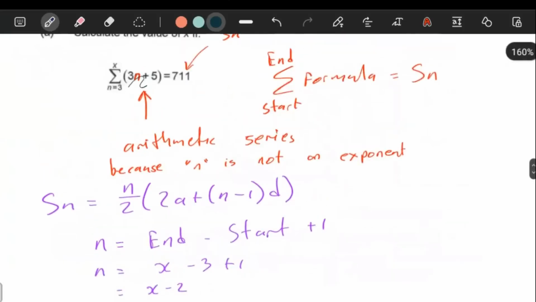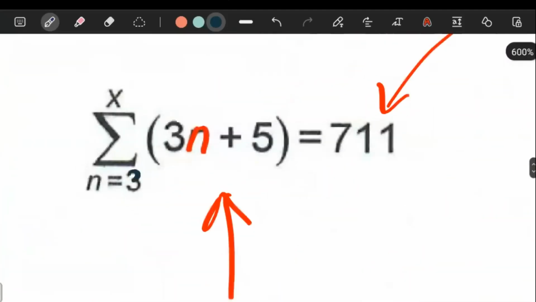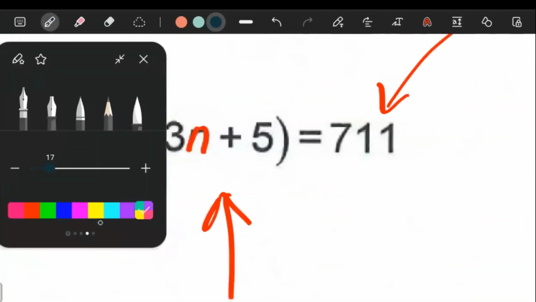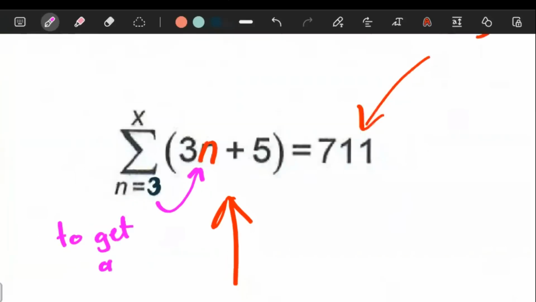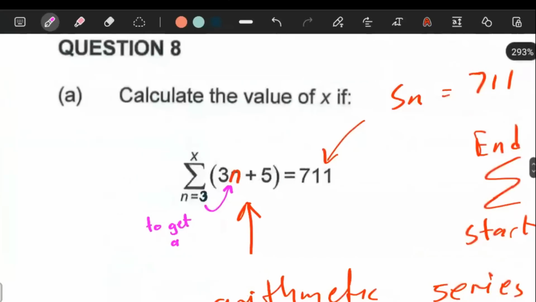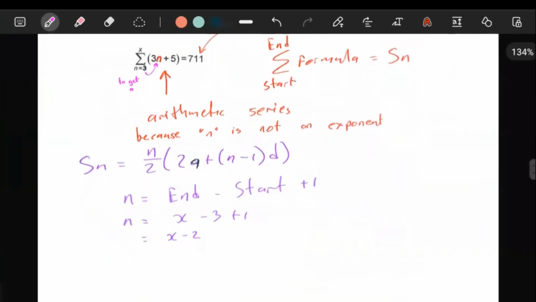Your value of a is important. It's what you get when you throw the starting value into your formula. This does not have to be a 1. So even if it's a 3 right now, that's what you put in your equation for you to get a. Don't take that for granted.